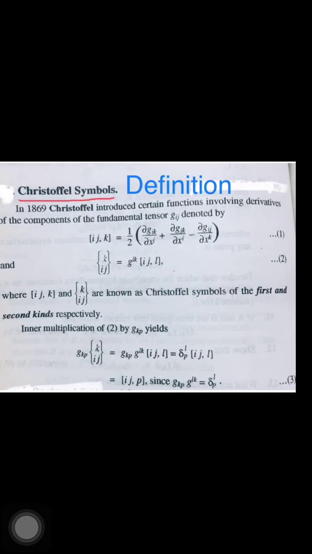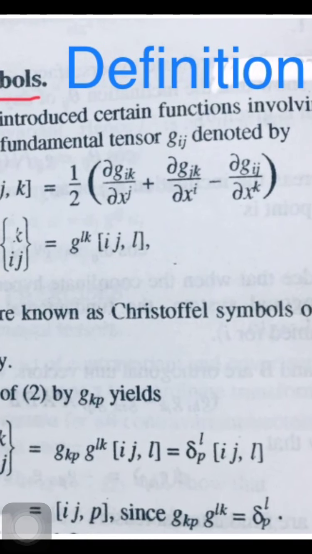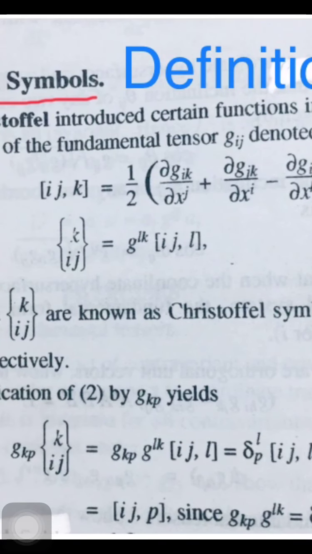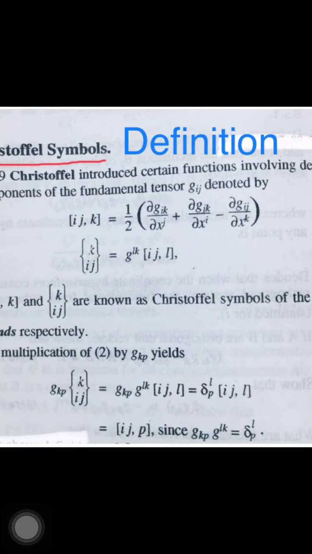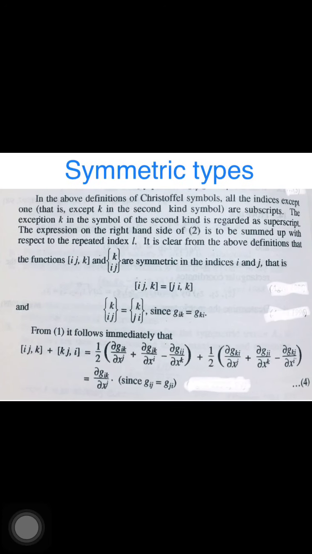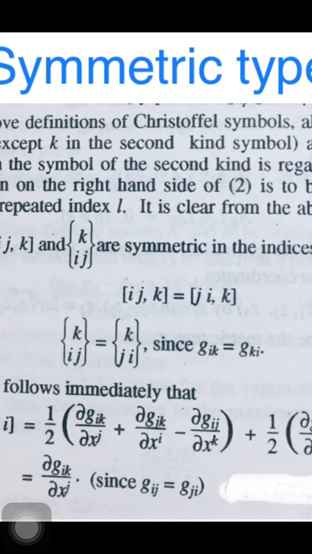If in the first two indices you interchange i and j, you get [ij, k] equals [ji, k], and {k over ij} equals {k over ji}, since the fundamental metric tensor g_ik equals g_ki. We have already seen that the fundamental tensor is symmetric.